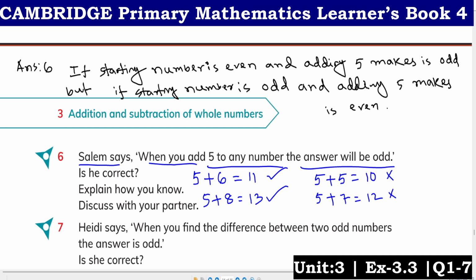Even. So Selim is incorrect. Okay, very simple.